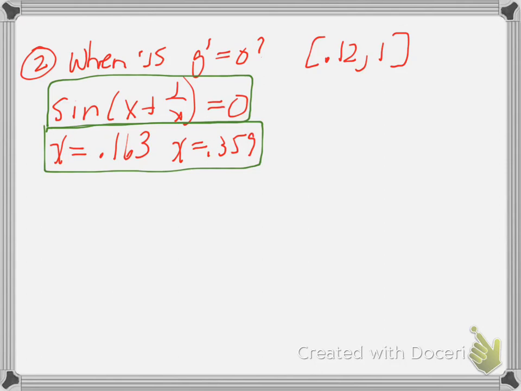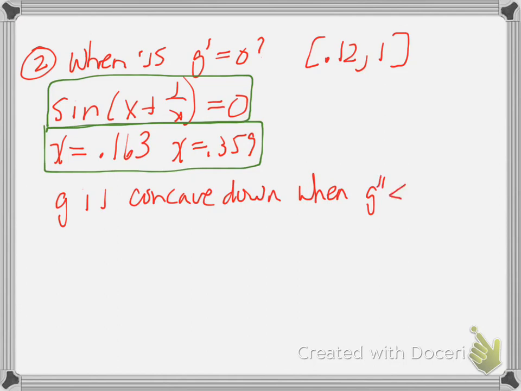Part B wants to know, when is G concave down? So G is concave down when G double prime is less than 0. Now they gave you G double prime.